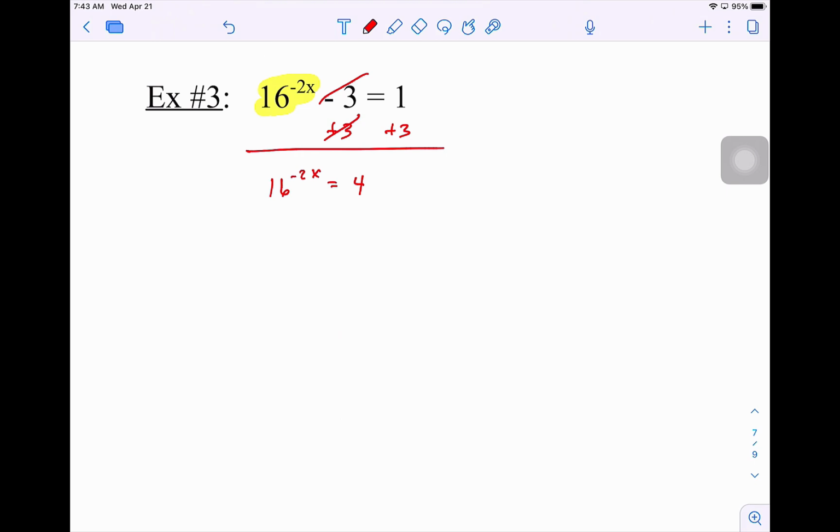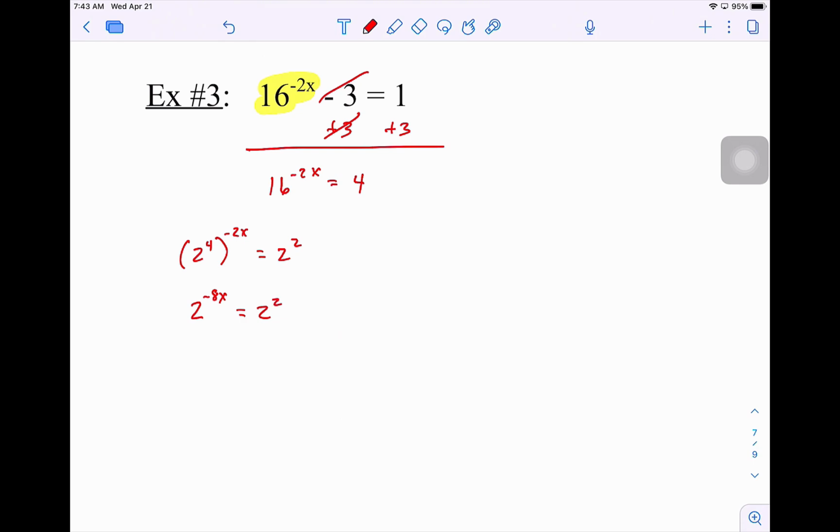So what I mean by that, again, I'll show you 2 different methods on this one. 16, we can reduce that to 2 to the 4th power, which is then still raised to the negative 2x. The 4, I can reduce that to 2 squared. And if you now remember back to your properties, a power raised to another power, we multiply the exponents. So this is actually 2 to the negative 8x power equal to 2 squared.